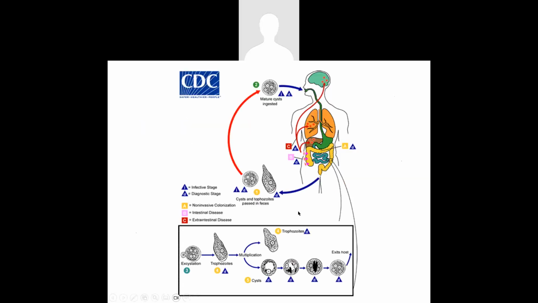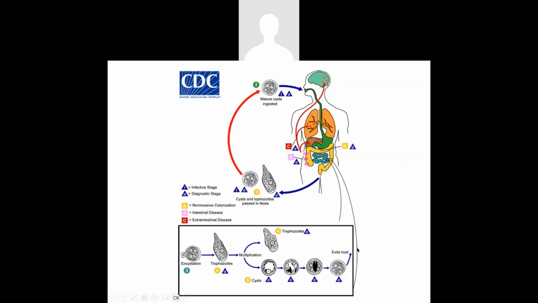بالنسبة للpathogenicity أو life cycle of this organism, we have excystation to give the trophozoite, which is the active form of the Entamoeba histolytica, then multiply to give more trophozoites, which is also an active form, or give a new cyst.